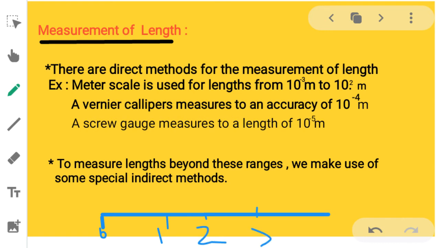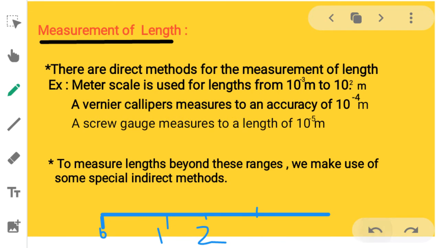From 0 to 1, 1 to 2 is a centimeter, but it is divided into 10 divisions. So from 0 to 0.1 is known as the least count. Least means smallest.